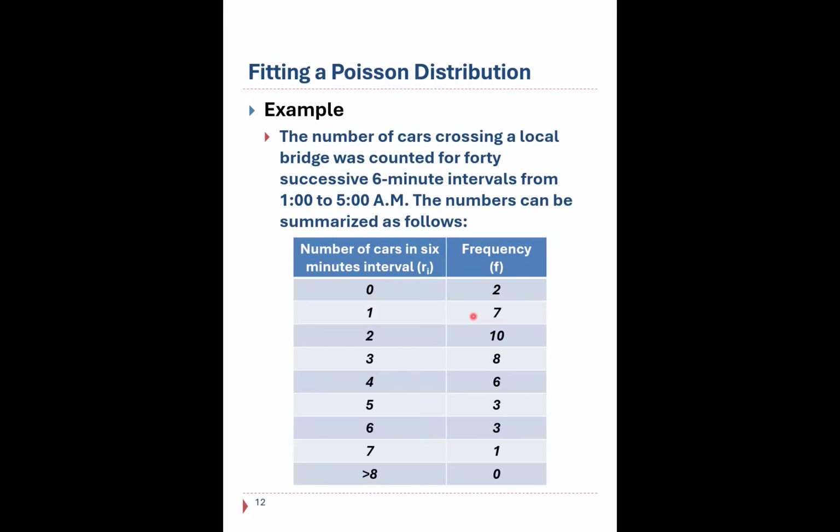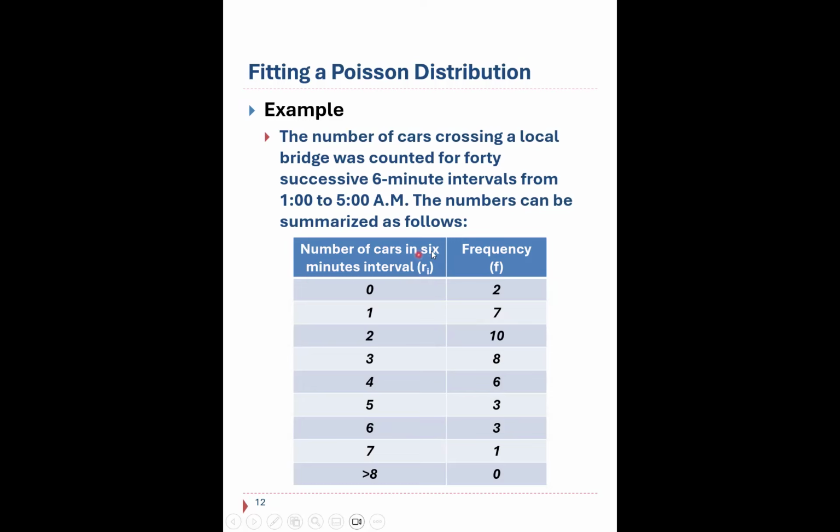Now let's look at the example of fitting a Poisson distribution to data. The number of cars crossing a local bridge was counted for 40 successive 6-minute intervals from 1 to 5 a.m. The numbers can be summarized as follows.